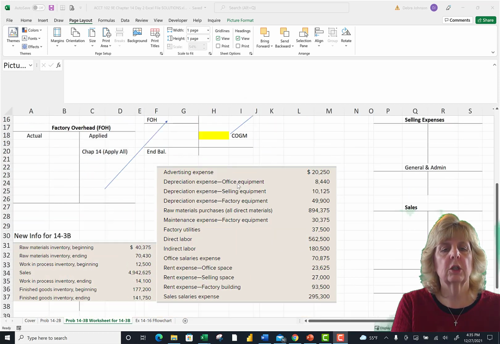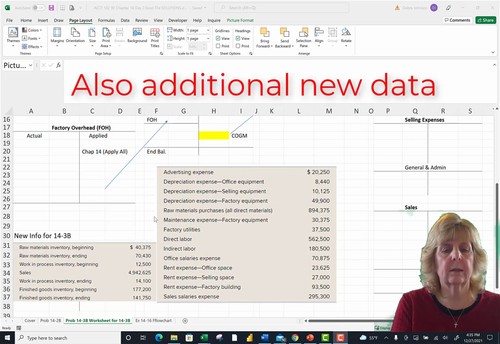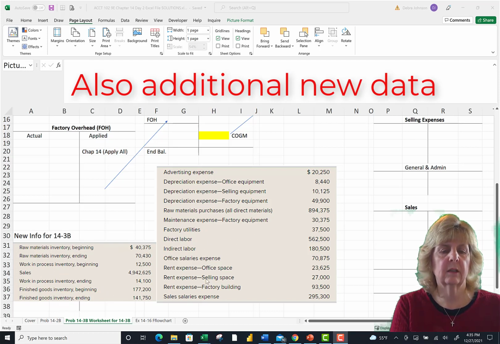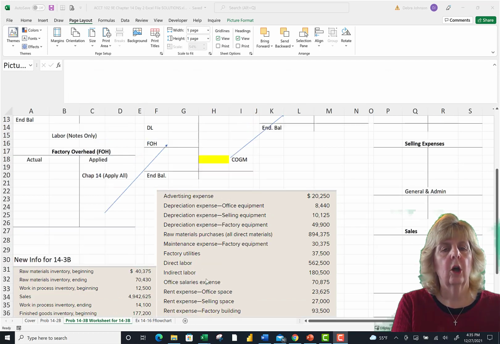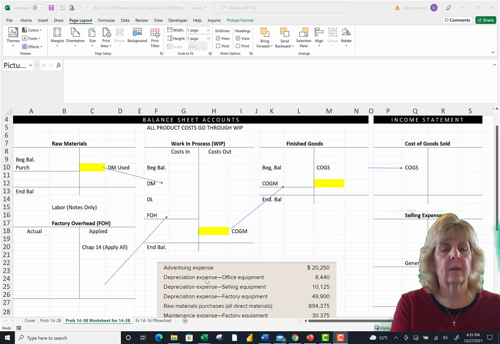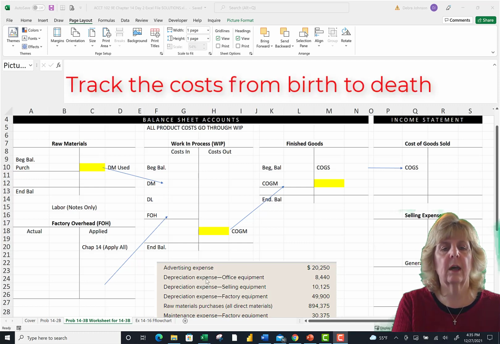In addition to the old data, which you'll see here in the bigger box, the author gives us some beginning and ending data for the inventory accounts along with some sales that wasn't included in this list of costs. So just as we did before, our goal is to track the costs from birth till death.